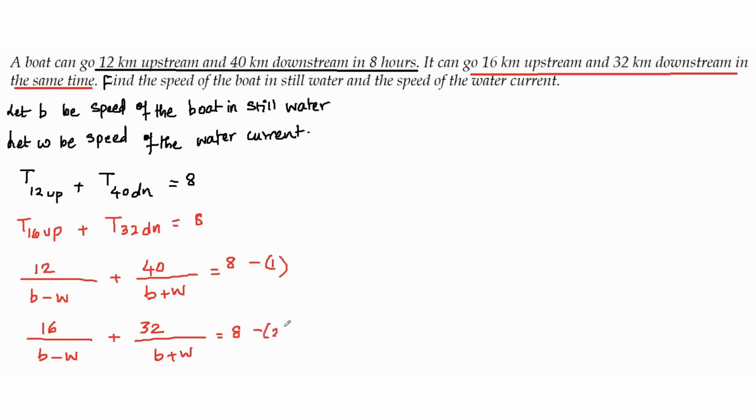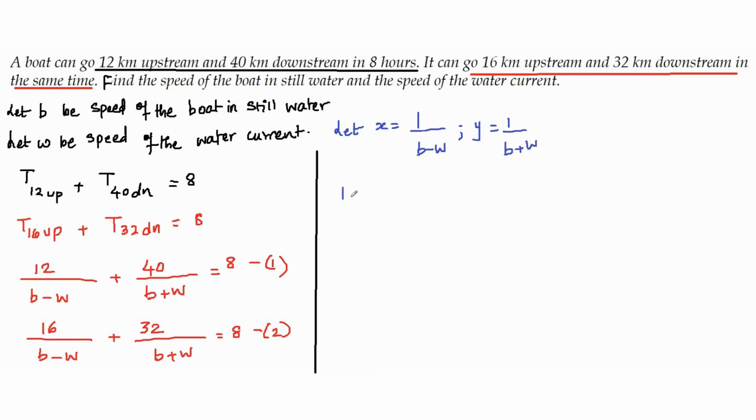Now of course I need to proceed to my substitutions. There is a way to do this without substitution also, but we generally prefer substitution because it is less cumbersome. So what we will do is we will say let x be equal to 1 by b minus w and let y be equal to 1 by b plus w.